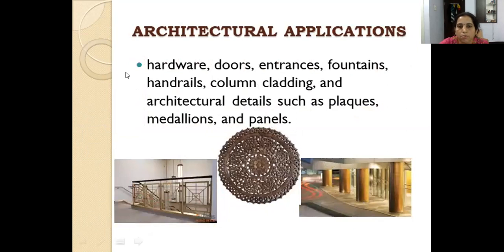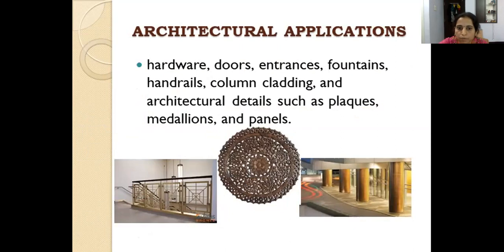For us, the more important thing about any metal is its architectural applications. The pictures here show you its applications. As I said, brass and bronze are used mainly for decoration in the interiors.